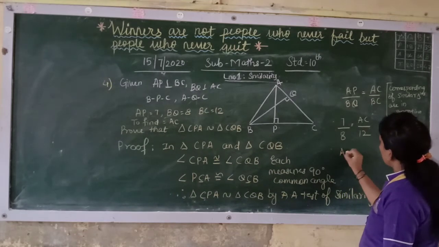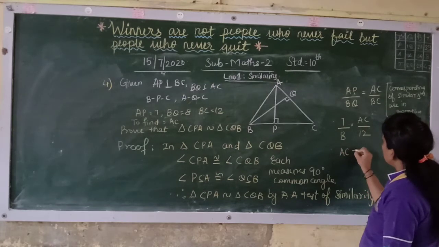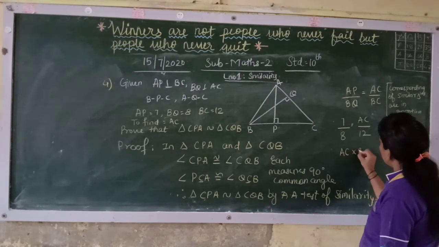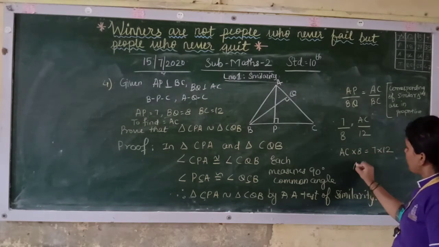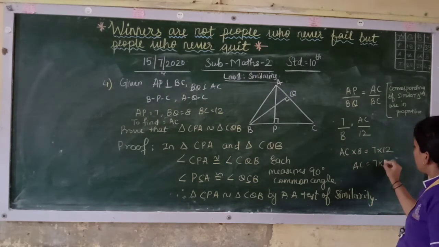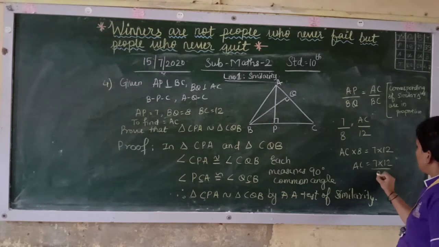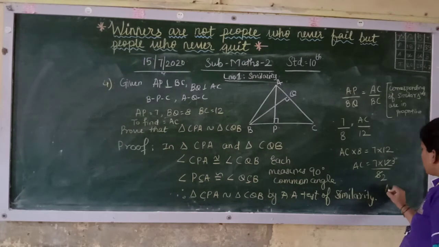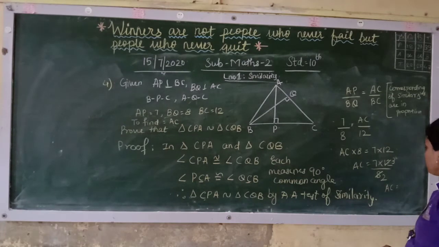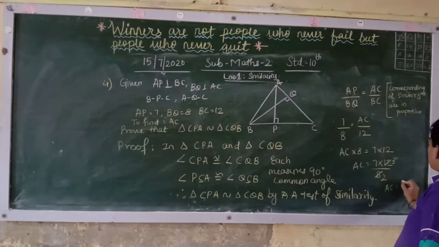Therefore AC into 8 is equal to 7 into 12. Therefore AC is equal to 7 into 12 upon 8. 4 2s are 8, 4 3s are 12. So here AC you will get 7 3s are 21 upon 2.